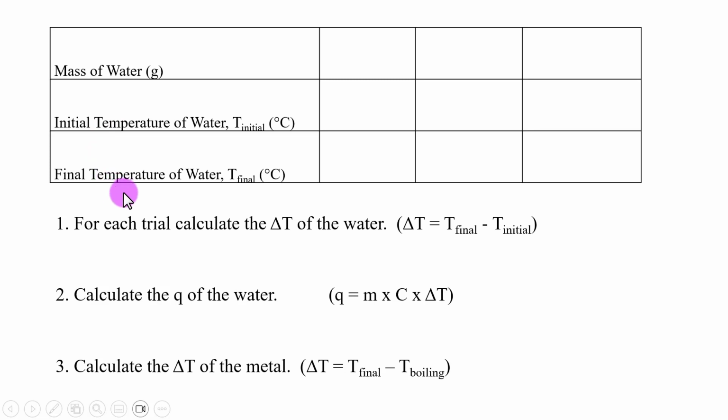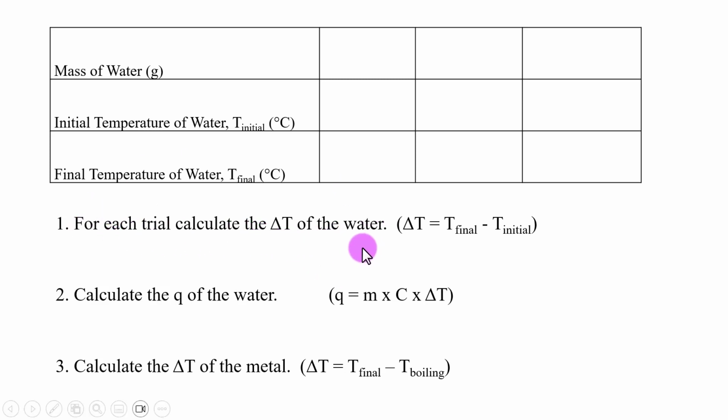How do we actually get the initial temperature of the metal? How can we heat up the metal and measure its initial temperature? We do that by boiling the metal in water. That way we know that the metal will reach 100 degrees because that's the temperature at which water boils. So that's why that piece is there.